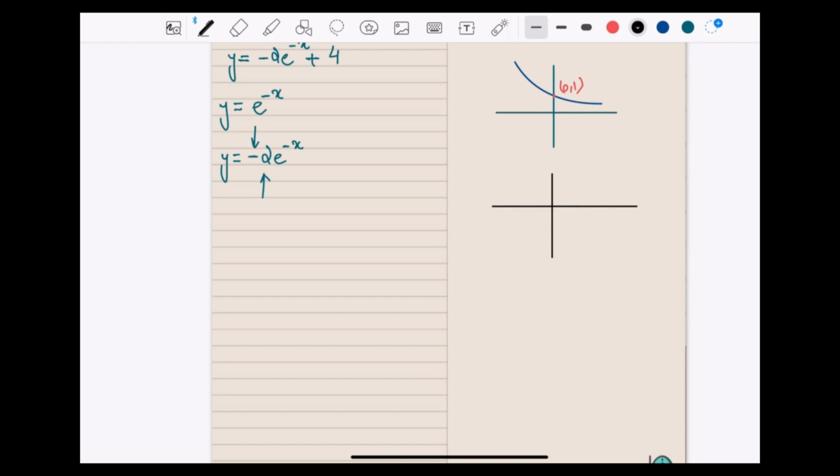The graph looks like this. So the point which was (0, 1) is now (0, -2).